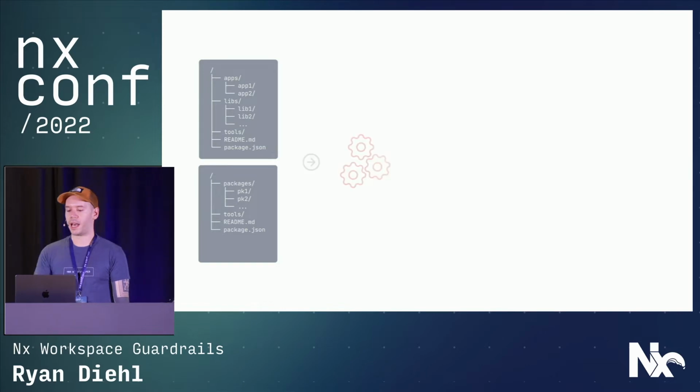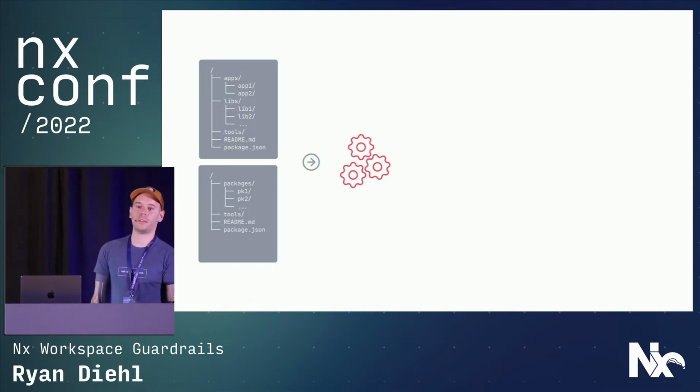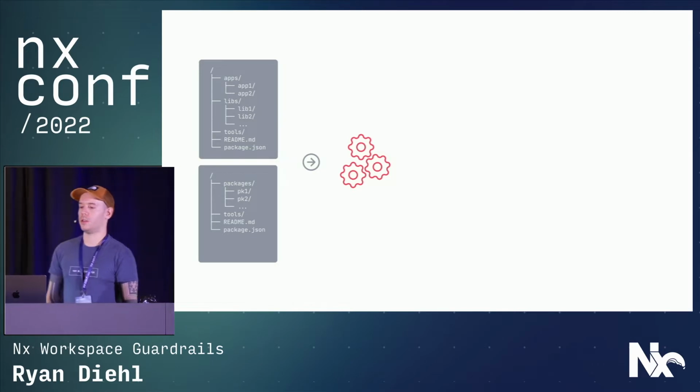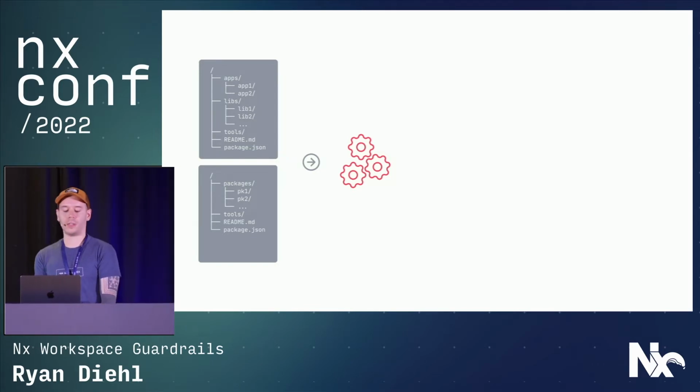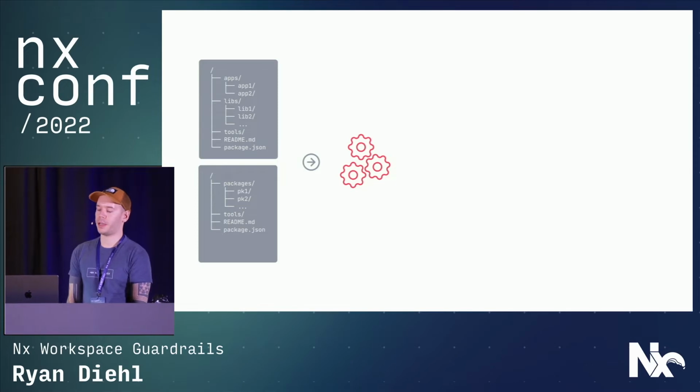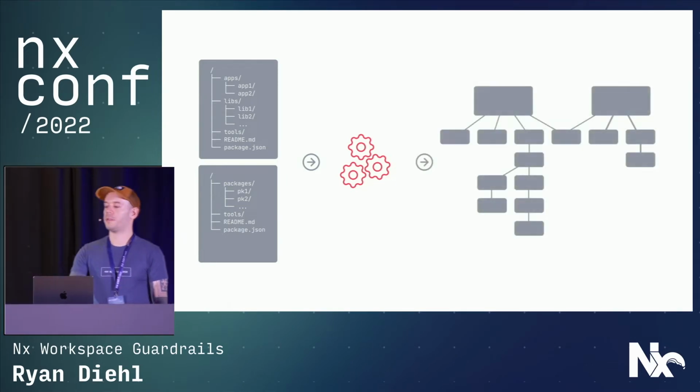Then we have NX, which adds a new layer to it. It starts by analyzing and processing all this code inside the workspace. It reads all these lines, looks at the imports in those files, looks at the folders, and starts making connections with them.